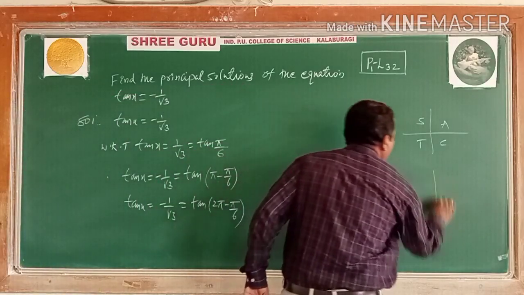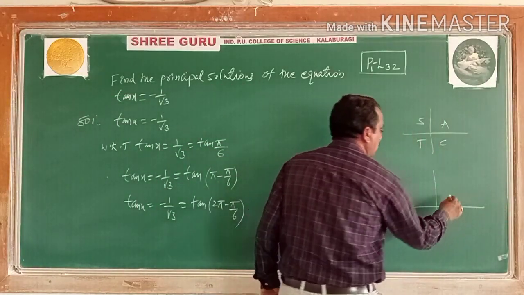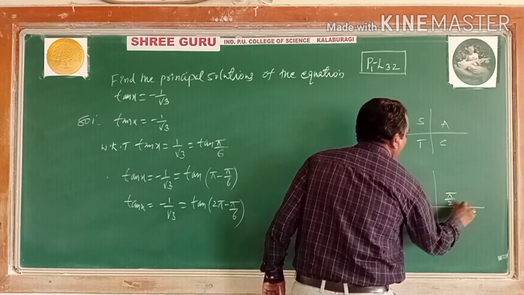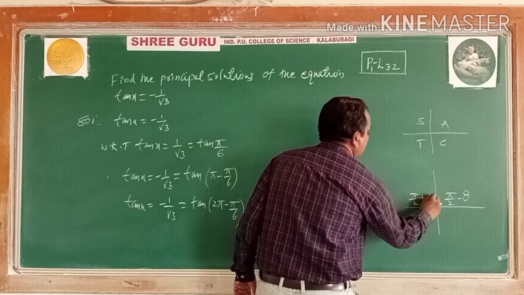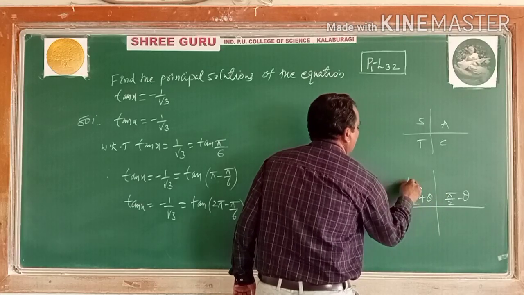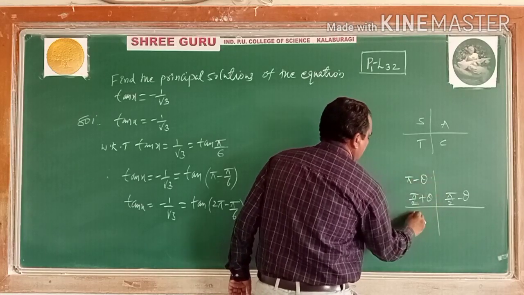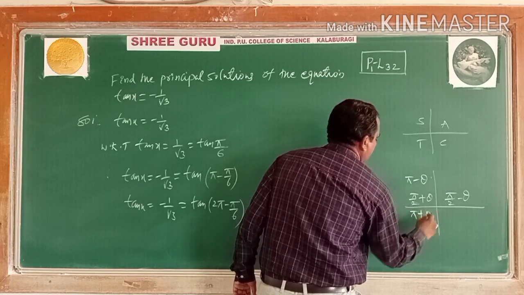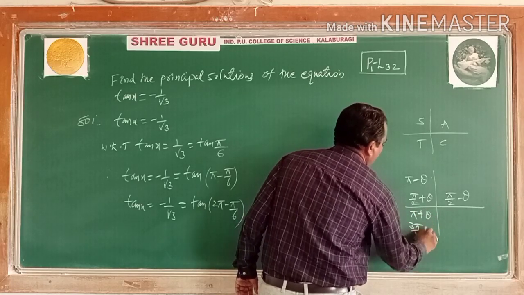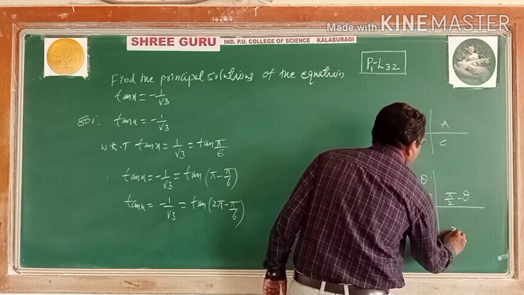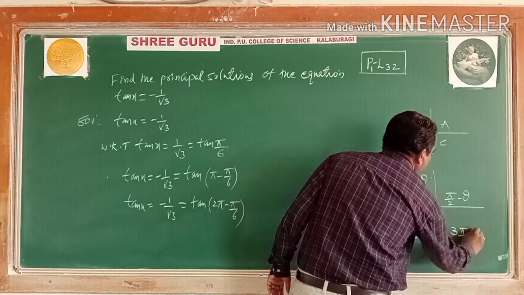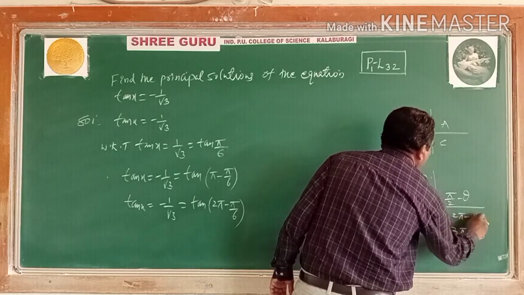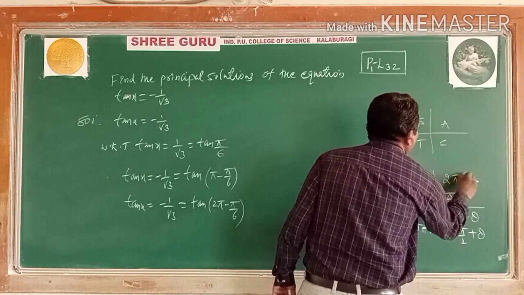I think you are wondering how to get the second and fourth quadrants. See, pi by 2 minus theta, pi by 2 plus theta, pi minus theta, pi plus theta, 3 pi by 2 minus theta, 3 pi by 2 plus theta, 2 pi minus theta, and 2 pi plus theta.